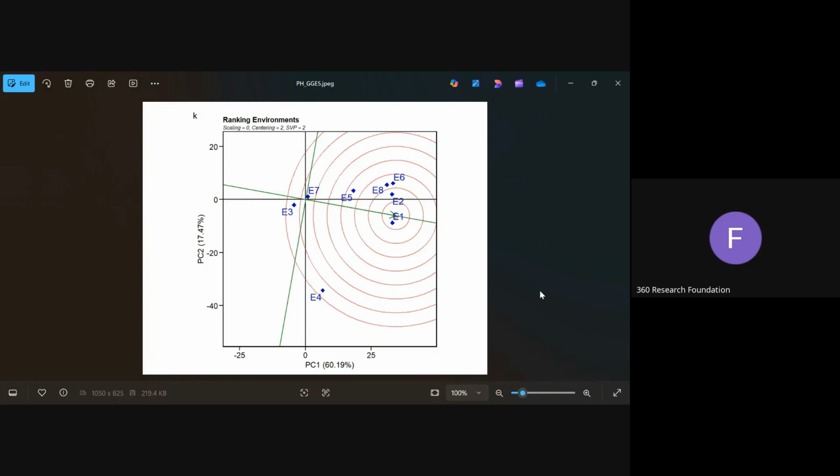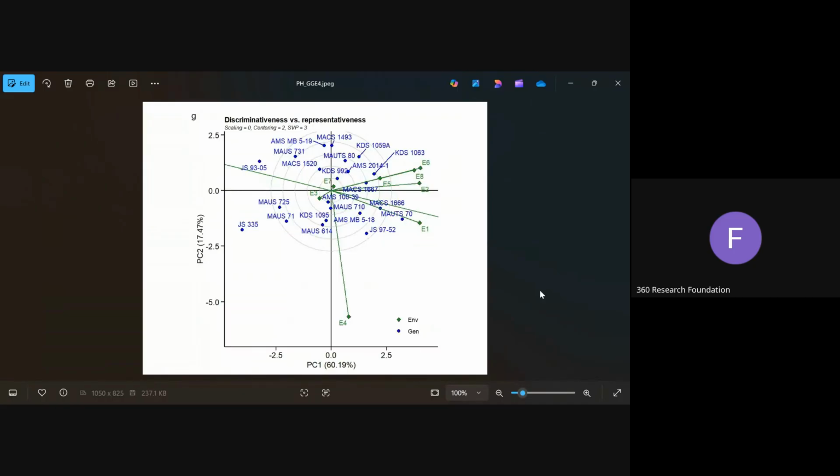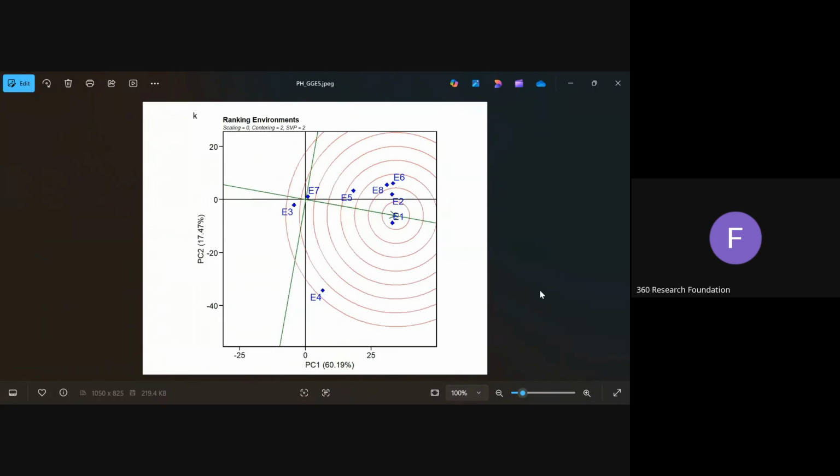So these are indicating that these environments are most desirable, as we have already told: E1, E2, E6, E8. These four, even you can take E5, but these four are near the center of the concentric circle. So these four environments are most desirable for evaluation of genotypes. Right?